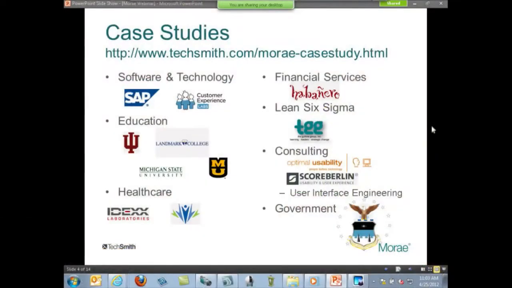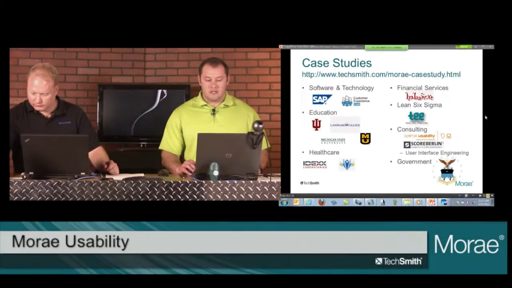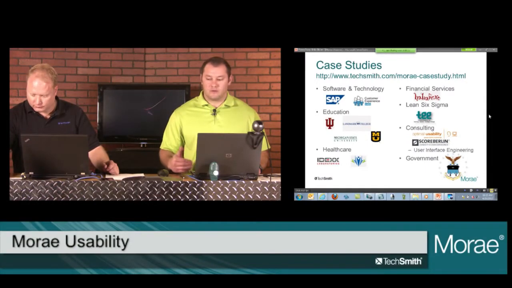So just real briefly, I won't go into any of these in depth, but you can see the URL up there so you can find examples of how different people in different industries are using our software. If you look under software and technology, SAP rolls it out to their user group annually, and they conduct over 5,000 participants to get feedback, so it's pretty powerful. We're also leaders in education as far as how to roll out usability.